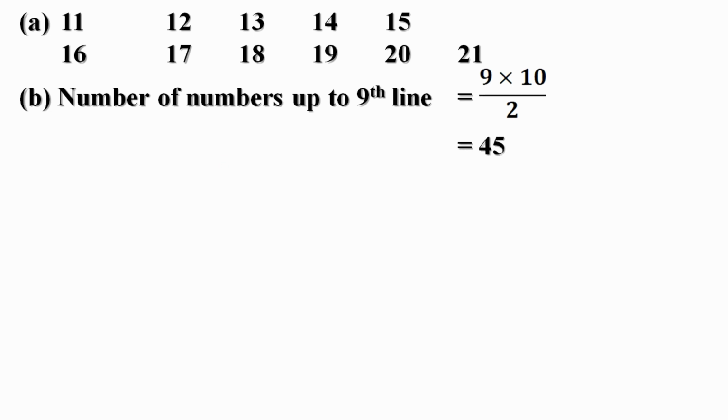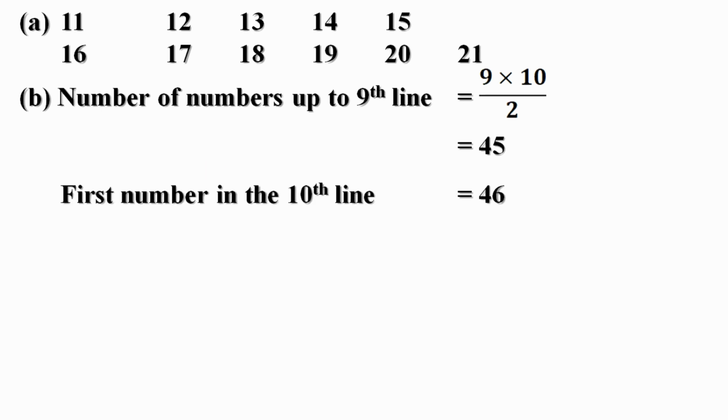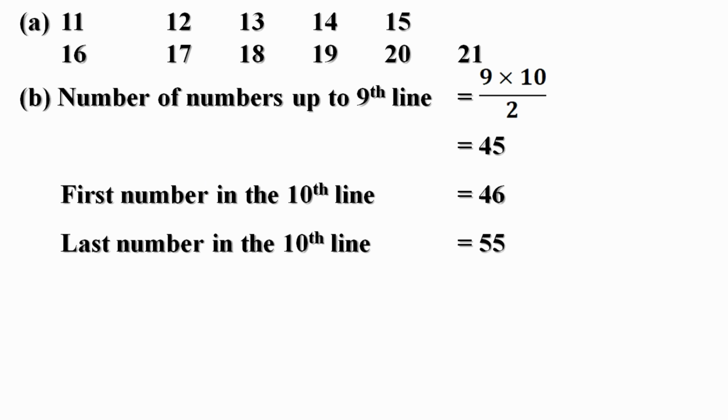That means the total number of numbers up to the ninth line is 45, and the last number in the ninth line is also 45. So the first number in the 10th line is 46, and we know there are 10 numbers in the 10th line, and therefore the last number in the 10th line is 55.